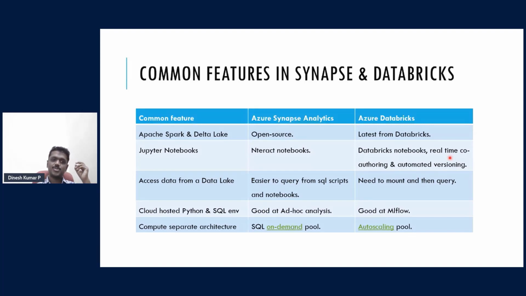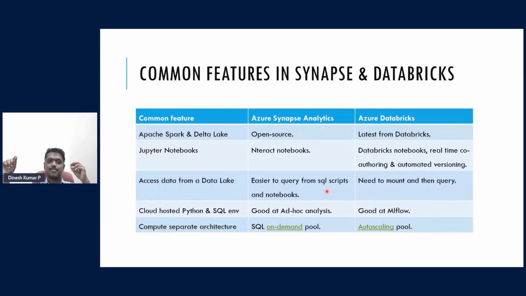And when it comes to accessing data from a data lake, in both Synapse and Databricks you can access data, but the difference is in terms of usability. With Azure Synapse, it is easier to query: SQL scripts and notebooks, and the file is there on a simple right click.